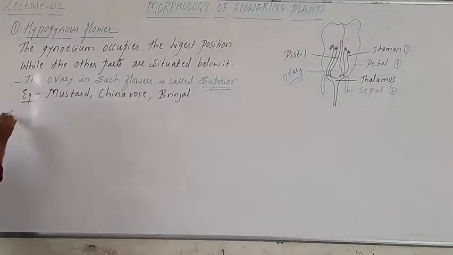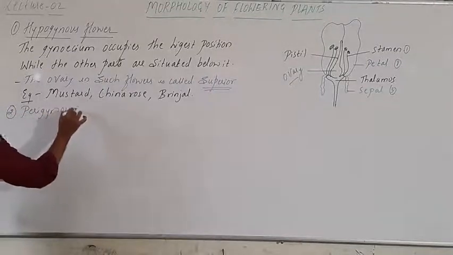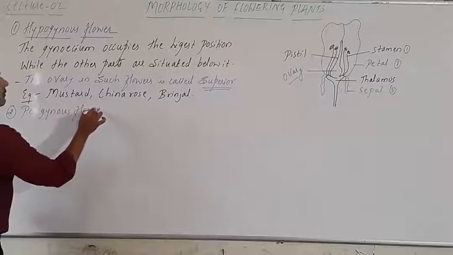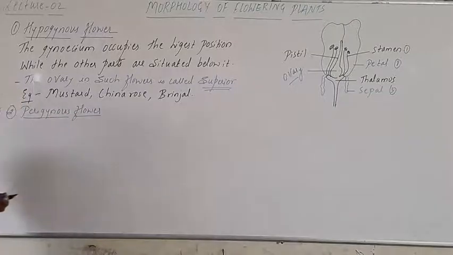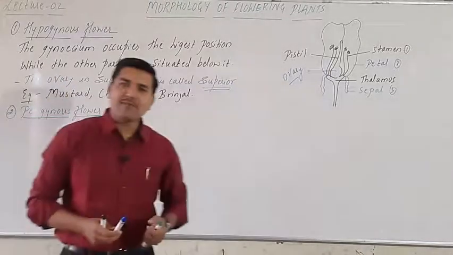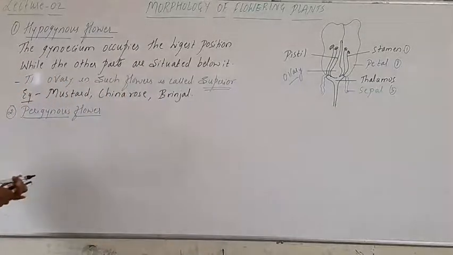The second one is the perigynous flower. So perigynous flower. Here, peri means half. So what is half here? Let's look at the statement.